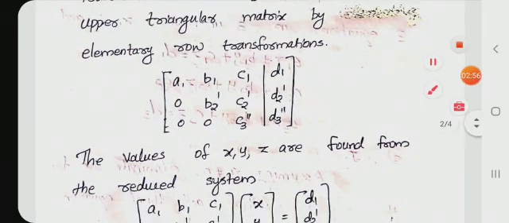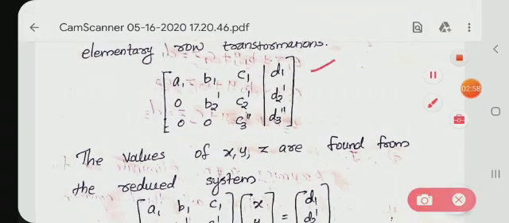Now transform the augmented matrix to an upper triangular matrix by elementary row transformation. So using elementary row transformation, the augmented matrix becomes a1 b1 c1 d1, that is, there is no change in the first row.